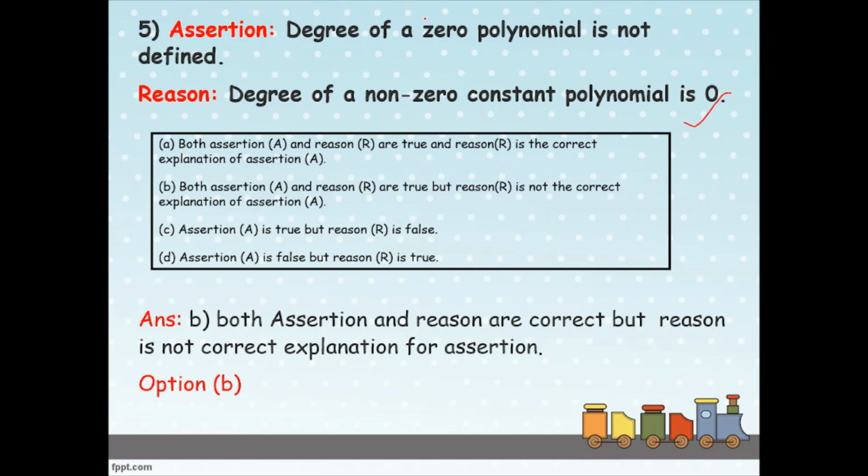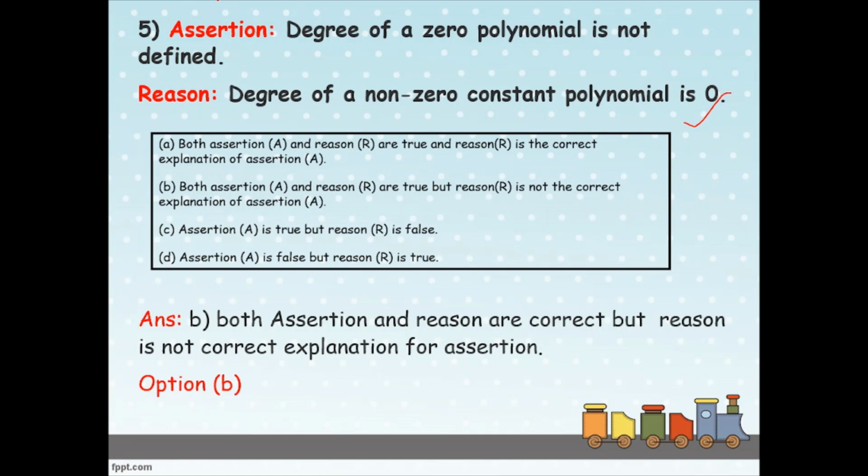Then the degree of zero polynomial is not defined. What is a zero polynomial? For any polynomial, if the coefficient is 0, it is a zero polynomial. Take x square.